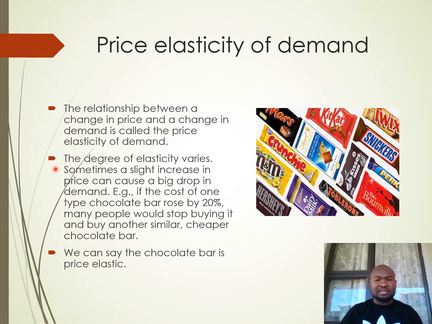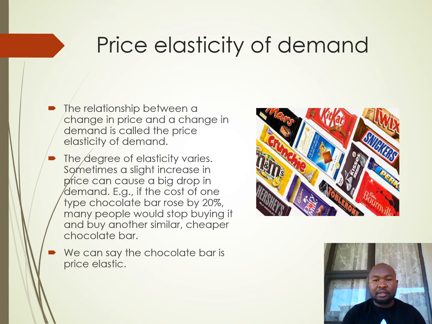The degree of elasticity varies. Sometimes a slight increase in price can cause a big drop in demand. For example, if the cost of one type of chocolate bar rose by 20%, many people will stop buying it and buy another similar cheaper chocolate bar.